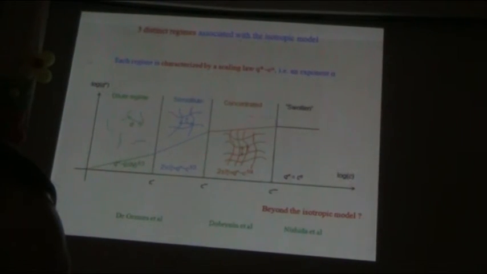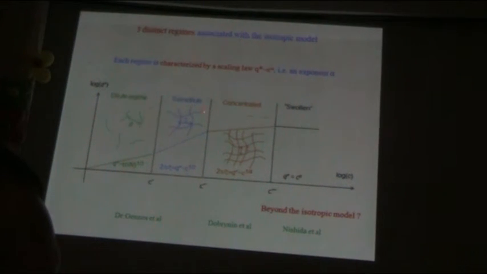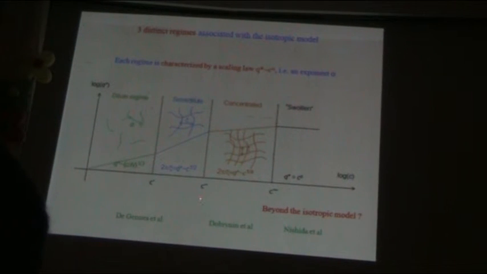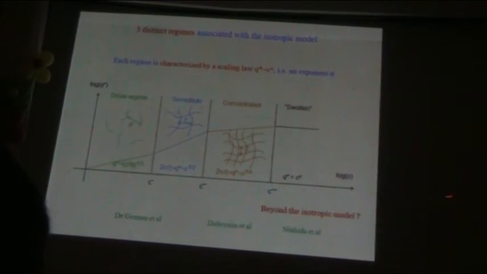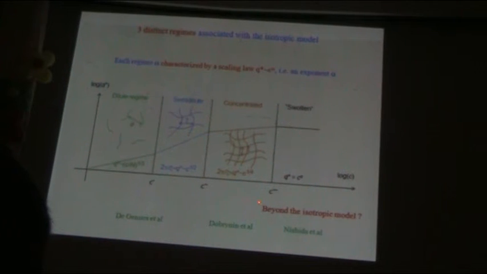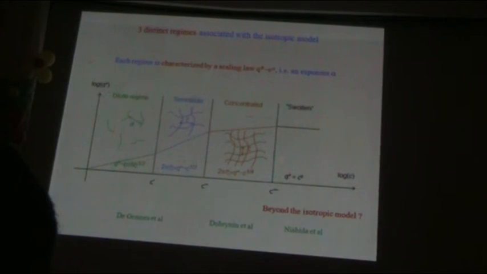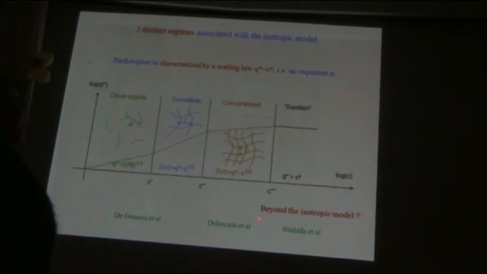And you see that these three regimes, dilute, semi-dilute, concentrated, are well described by theory and have also been observed by the experimentalists. When you go beyond the concentrated regime, when you increase the concentration towards the melt, you have the swollen regime. The swollen regime was proposed first by Nishida.